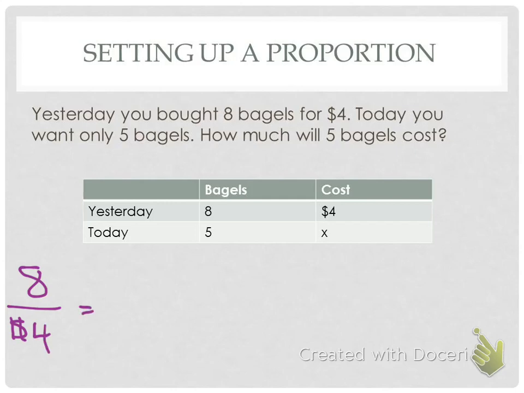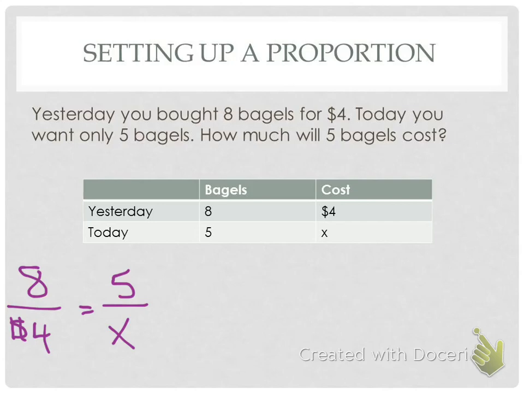Can anybody think of what the other ratio would be? How would I write the ratio for today's bagels? 5 over X, because on the top part of the ratio, do you see that? I'm comparing bagels to bagels. On the bottom part, I'm comparing dollars to dollars.